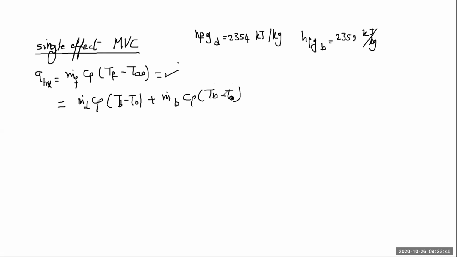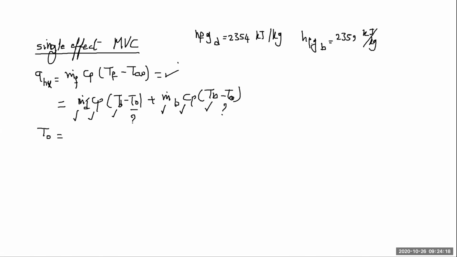In this equation, what's the unknown? We know m dot distillate, it's 1 kilogram per second. Cp is given. We know T distillate, it is given. And T naught, unknown. M dot brine, we have it. We have the Cp, we have the T brine, and this one is unknown. So from here, we have only one unknown, which is the value of T naught.